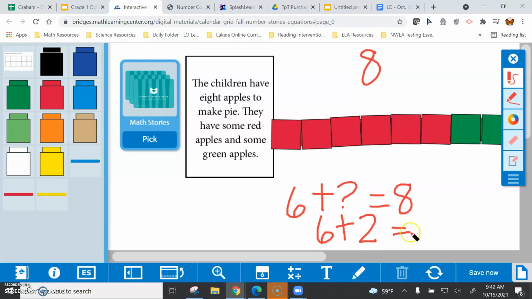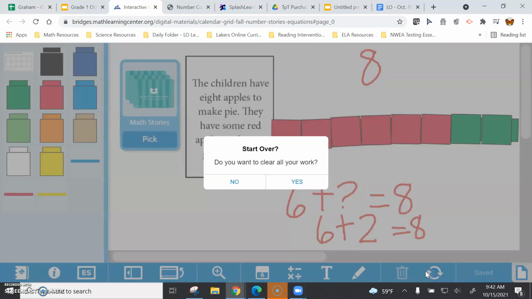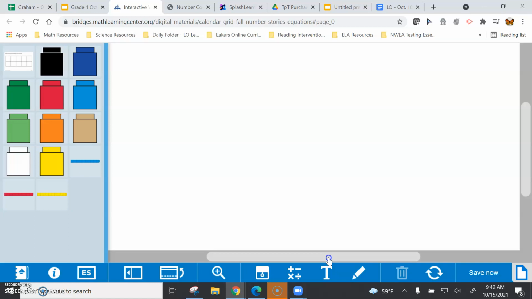Do you see that, class? I'll do it again. If we have 6, and we added on 2 more, 1, 2, that would help us get to the number 8. Let's try one more. That was fun.